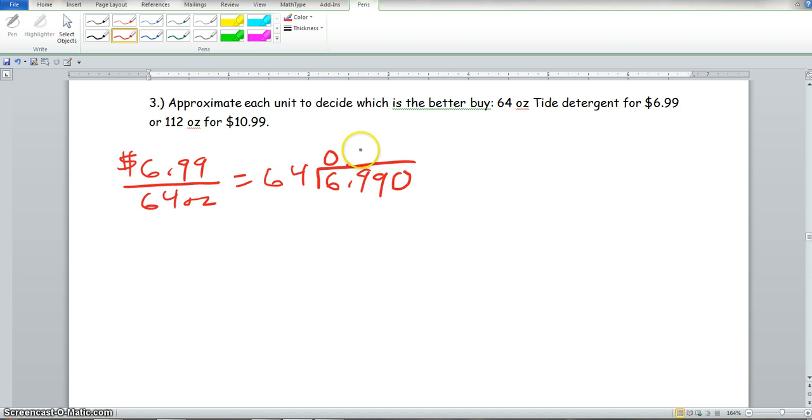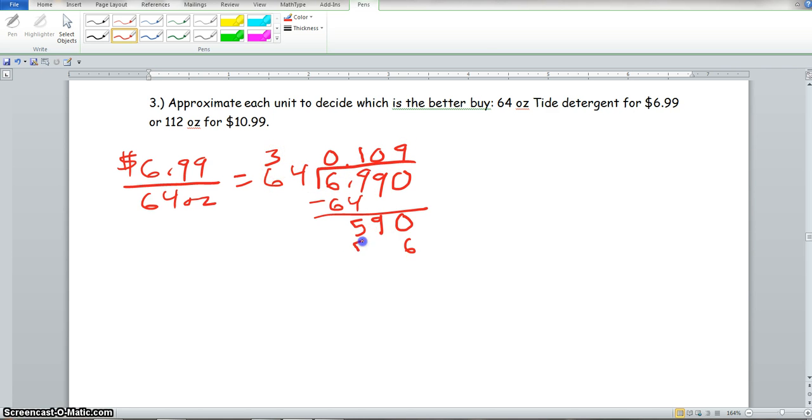So 64 goes into 69 once. So that'll give us 5. We'll bring down our 9. 64 goes into 59 0 times. We'll bring down our 0. 64 goes into 590 9 times. 9 times 4 is 36. Carry your 3. 9 times 6 is 54.